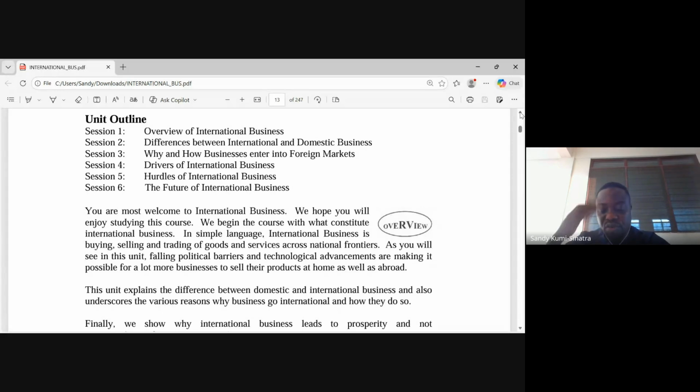So you know what to do. You go into the icons there, you raise your hand and then I call you, so that the class will be orderly. It's not as if anybody anywhere will just be speaking just like that. So please, let's take note of that. What is our layman's understanding of international business?